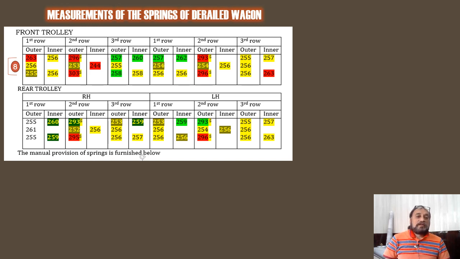So the spring has been mixed over here because no grouping has been done in this case. Again, this inner spring also has 244 which falls under rejection.